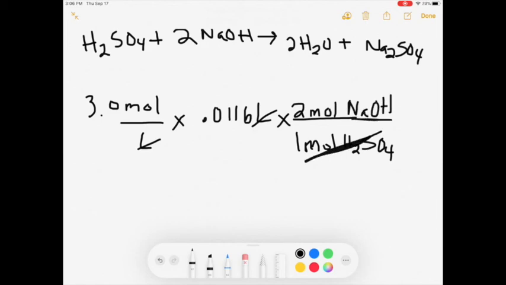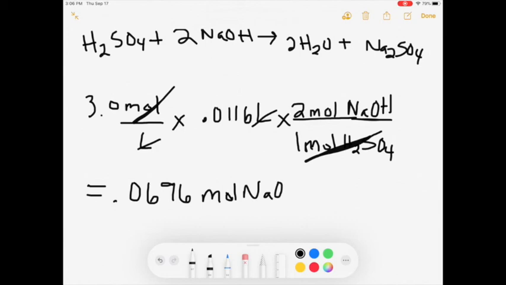So that cancels, that cancels. Now if I multiply this out, I find that I have 0.0696 moles of sodium hydroxide. That was my missing piece to calculate the concentration of sodium hydroxide, because now all I have to do is take those moles and divide by the liters.